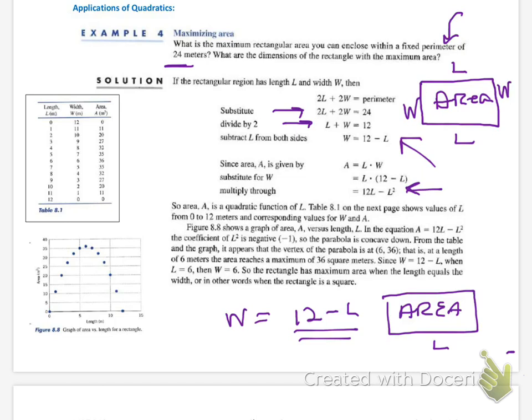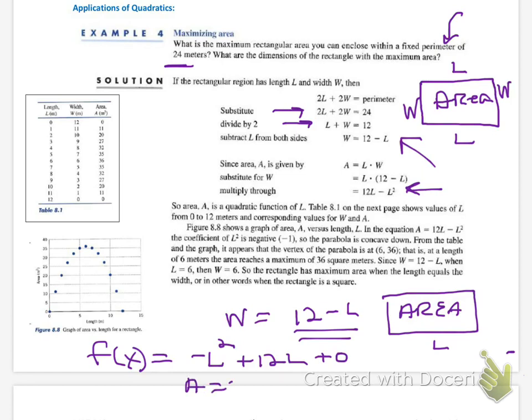So if you're going to do that and you want to figure out where the vertex is, so what is that? Well, let's see. You can figure out your y, or your f of x, we'll say, equals negative L squared, it's going to be a max, it's going to be a downward facing parabola, plus 12L plus 0. So what is your A in this situation?